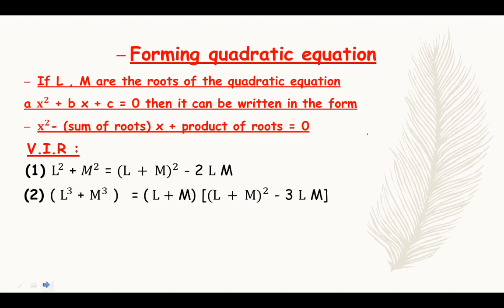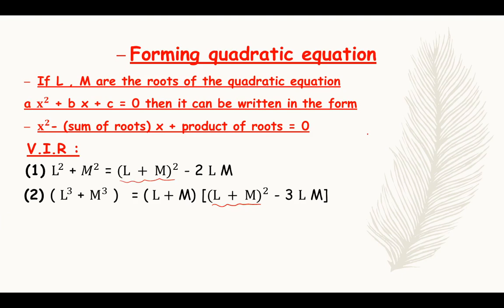Rule number 2. L power of 3 plus M power of 3 equals L plus M multiplied by L plus M for all power of 2 minus 3LM. Okay? You can see that the difference in this case is that we have L plus M and the same bracket L plus M for all power of 2 as the first one.